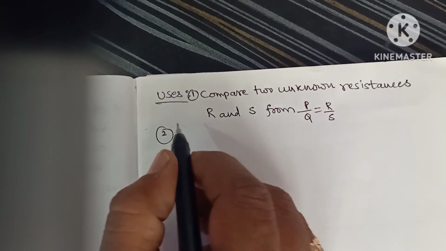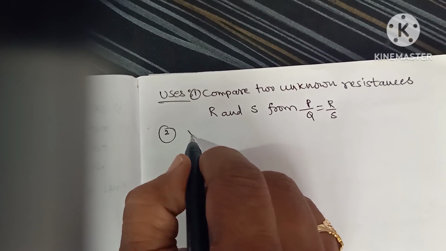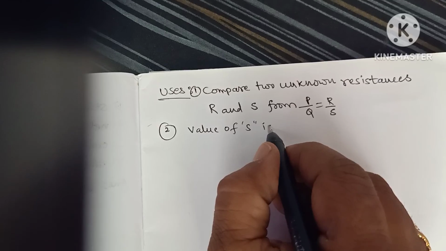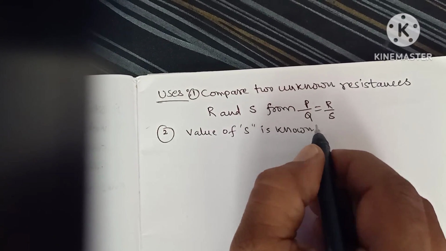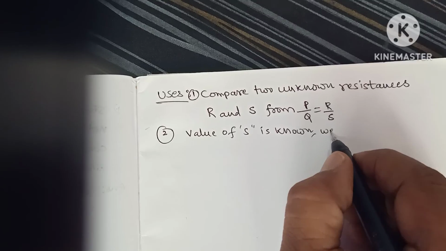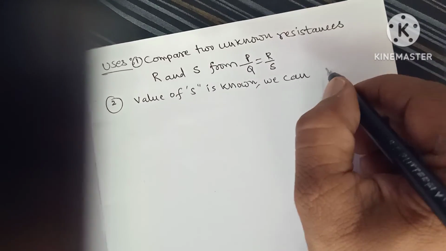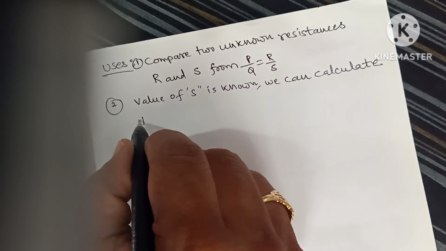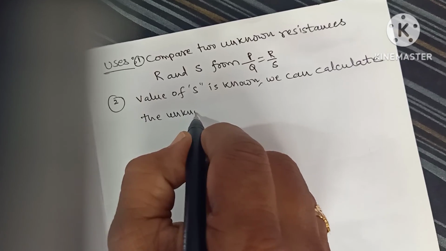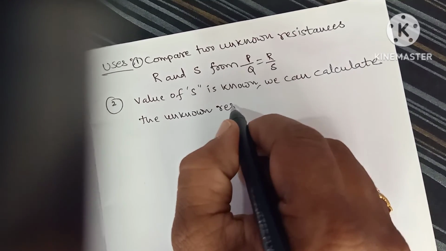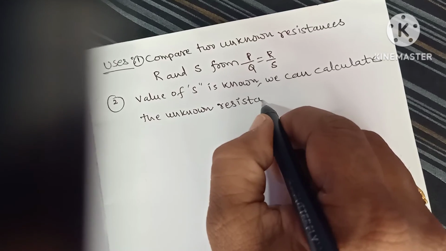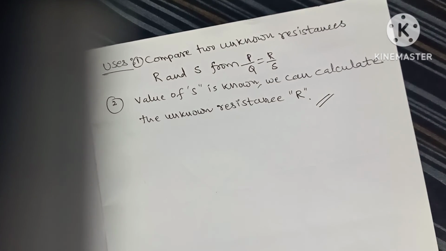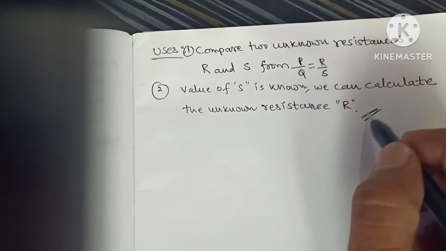And the second use is, if the value of S is known, we can calculate the unknown resistance R value. Okay, now we need to write these two uses. Now this is a long question, Wheatstone bridge. Okay.